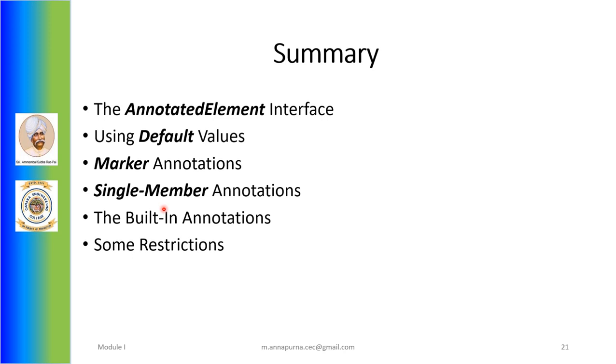And lastly, under some restrictions, we have discussed some restrictions that apply to annotation declarations: no annotation can inherit another annotation, and all methods declared by an annotation must be without parameters, and they must return either a primitive type like int or double, or an object of type String or Class, or an enum type, or another annotation type, or an array of one of the preceding types.